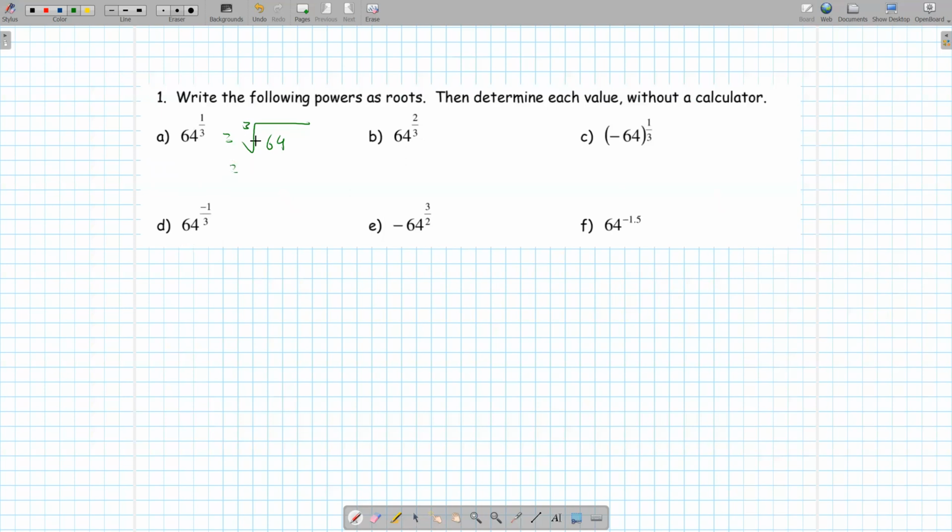So what's the third root of 64? How do you figure that out? Something to the power of 3 is 64.